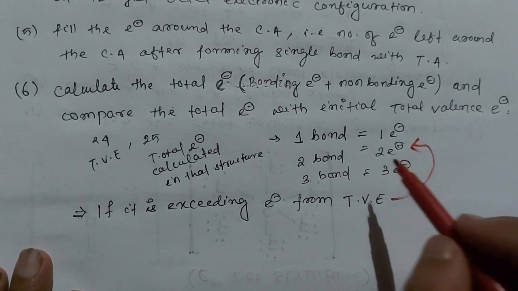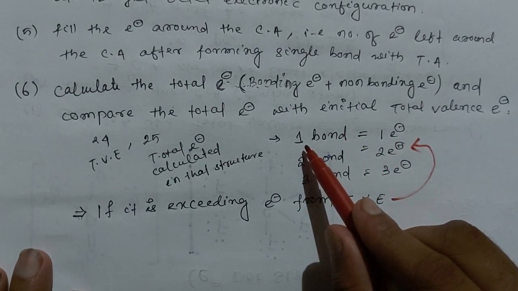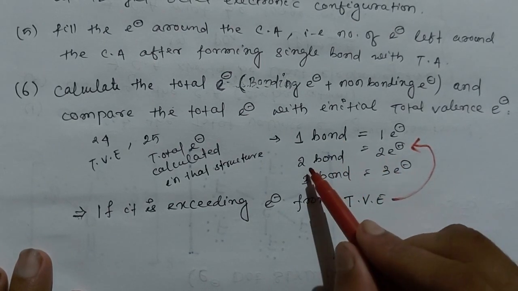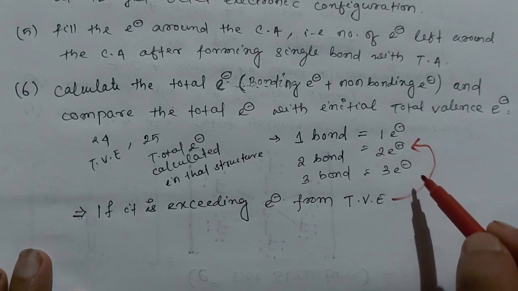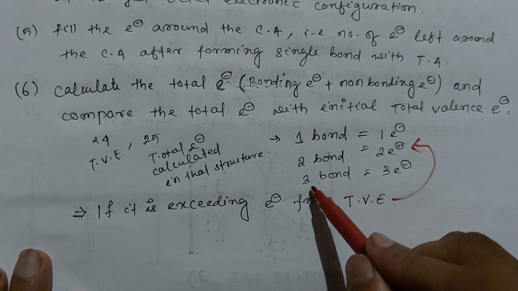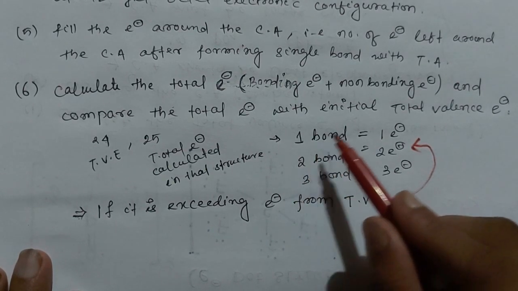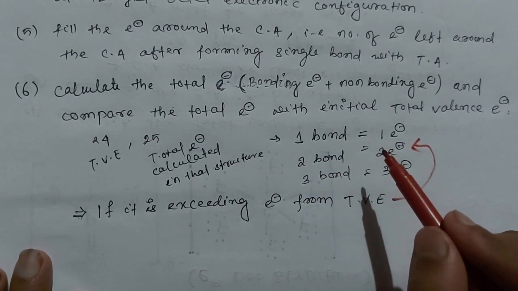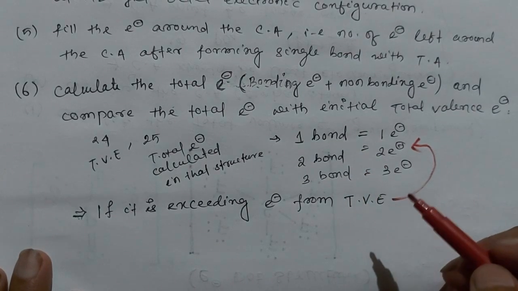That is, if it is exceeding 1 electron, we will add one bond between the central atom and terminal atom. If it is exceeding 2 electron, we will add 2 bond, and if it is exceeding 3 electron, we will add 3 bond between the central atom and terminal atom, and we will add this bond in such a way that all the atoms, that is central atom and terminal atom, will get octet electronic configuration. Okay.